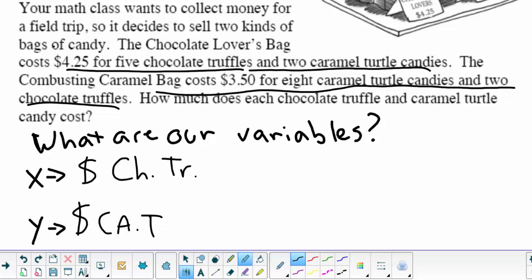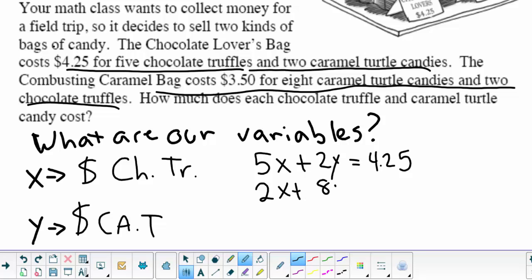The chocolate lovers bag is 5 chocolate truffles, so 5x, and 2 caramel turtles, 2y, equals 4.25. And then the combusting caramel bag is $3.50 for 8 caramel turtles and 2 chocolate truffles, so 2x plus 8y equals 3.50.